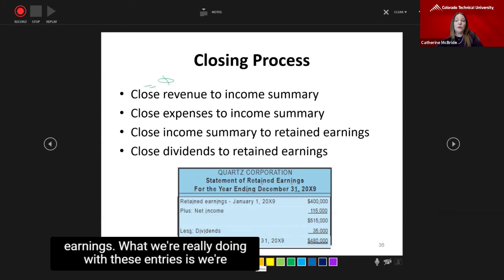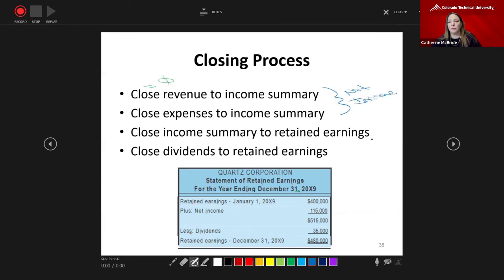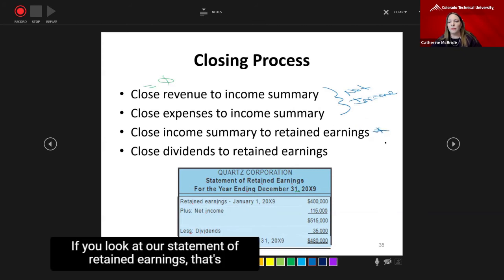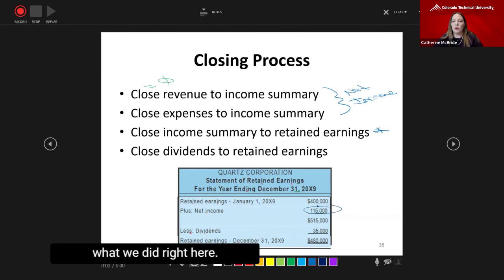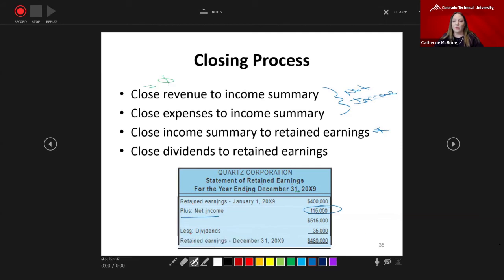What we're really doing with these entries is making the books the same as what we did with our statement of retained earnings. Here we have revenue and expenses. These together give us our net income. If you look at our statement of retained earnings, that's what we did right here. We added net income to retained earnings.